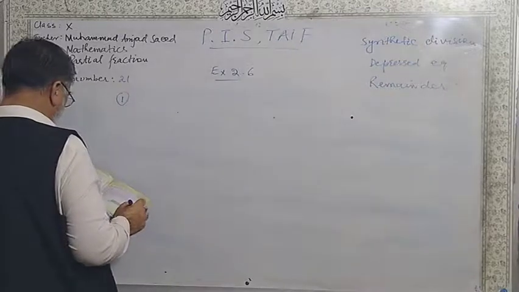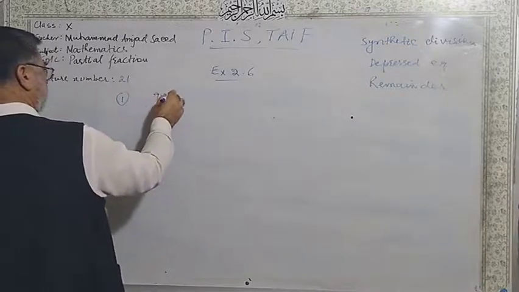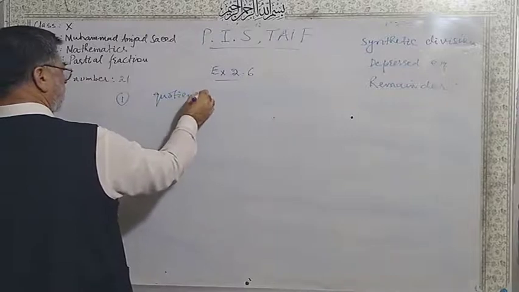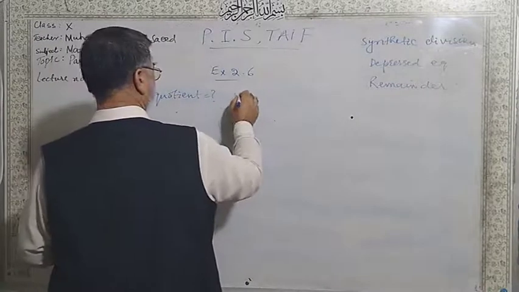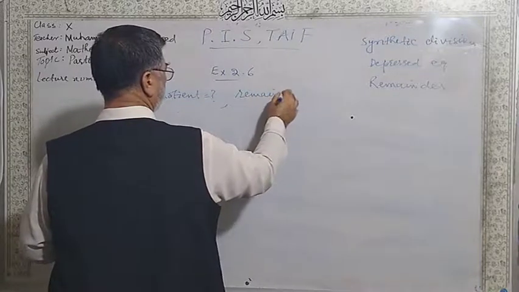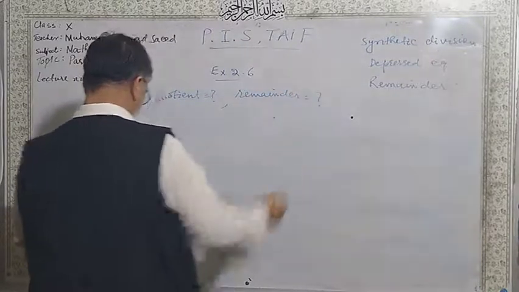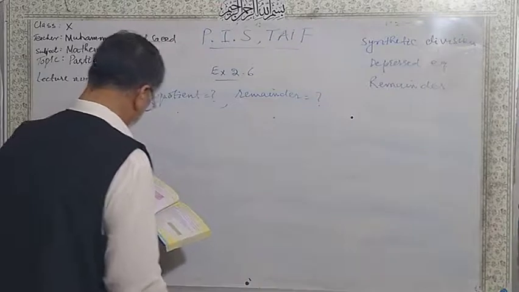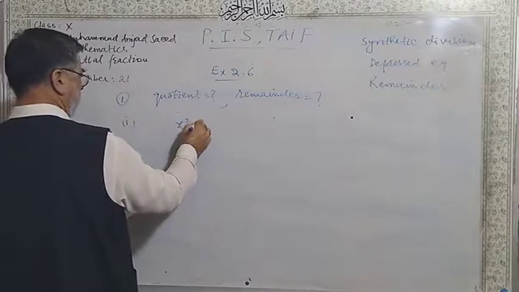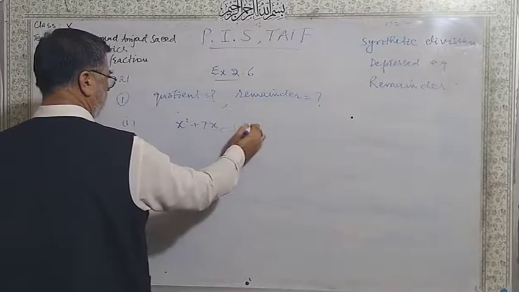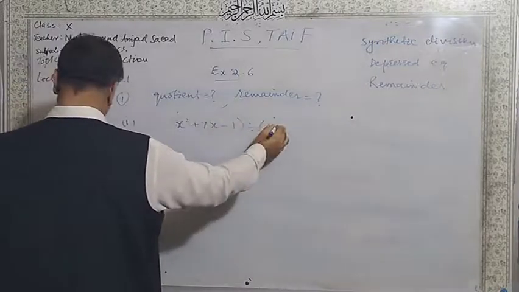Use synthetic division to find quotient and remainder. Number 1, x square plus 7x minus 1 divided by x plus 1.